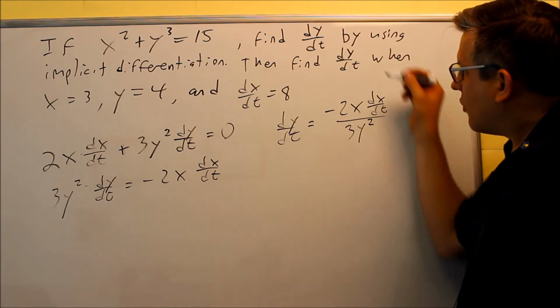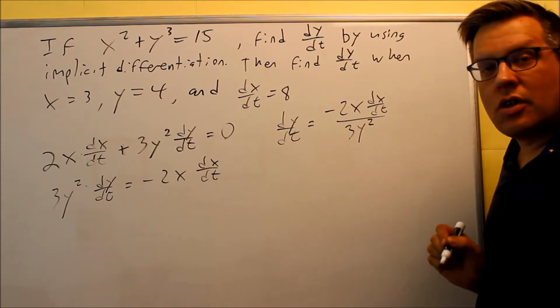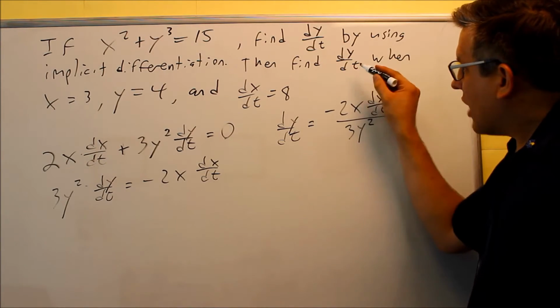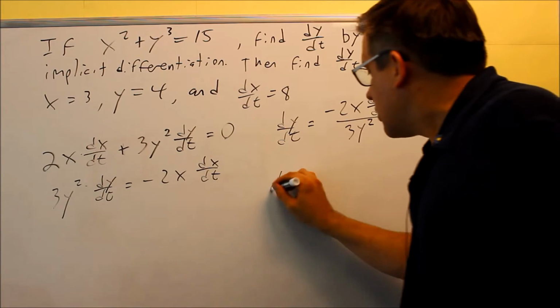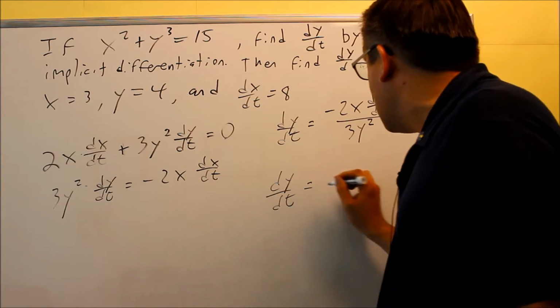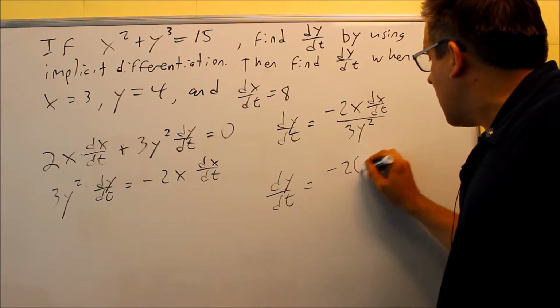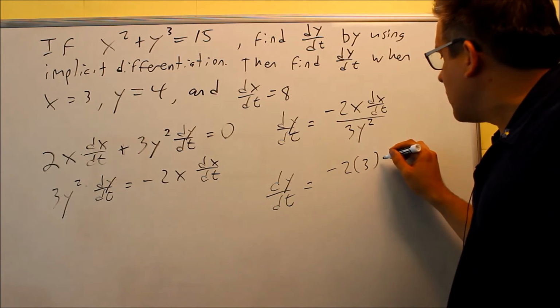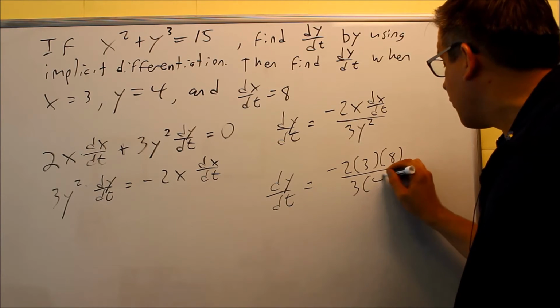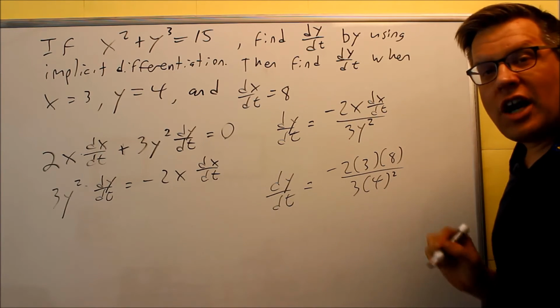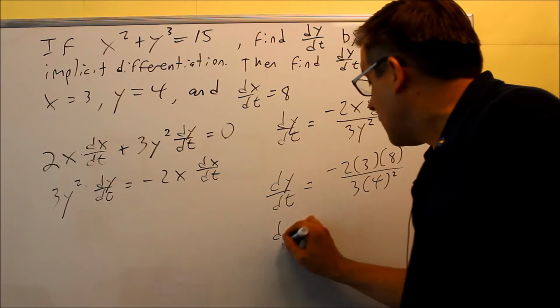So if it did ask us to solve for dy dt, then here it is. There's our answer. But this one's asking us to find a numerical value, so we need to plug these numbers in now. So dy dt is going to equal negative 2 times 3, and then dx dt is 8. Down below I have 3, the y is 4.